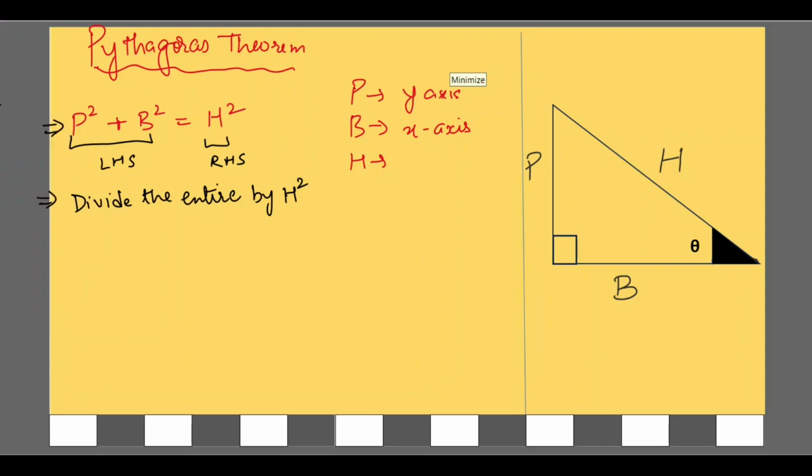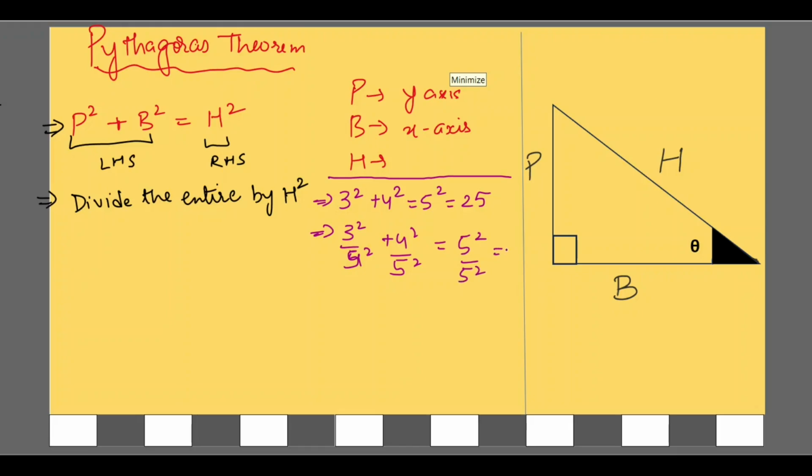If I have an equation like 3 square plus 4 square is equal to 5 square, which is the same as writing 25, and I divide the entire equation by 25 on both sides, this will become 3 square by 5 square plus 4 square by 5 square, which is equal to 5 square over 5 square, which is 1.